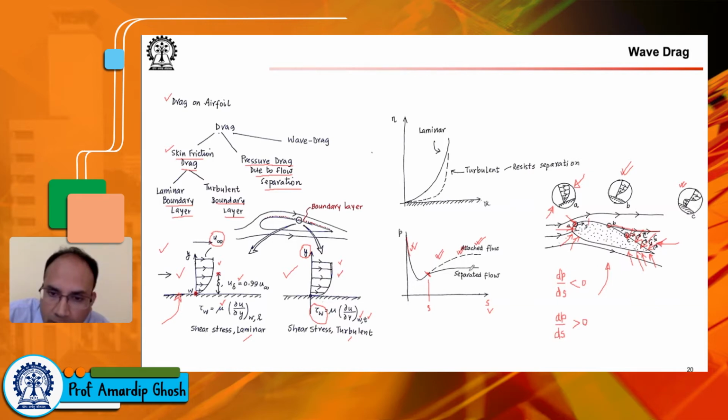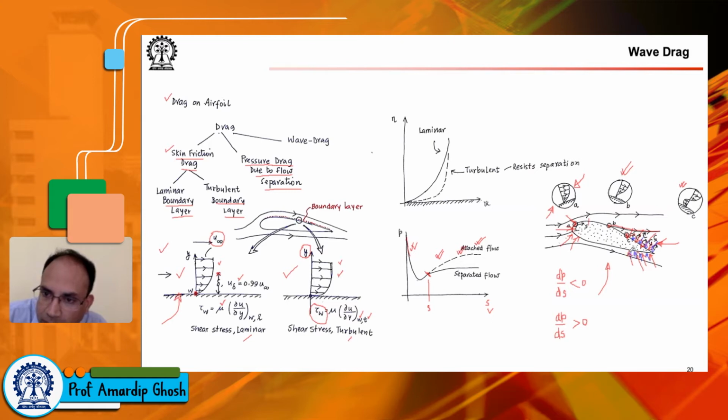It kind of saturates or stabilizes at this level, which is much less than the red arrows. So let me draw it with a different color, blue. For the separated flow, the pressure in this region is much less than the pressure shown by the red arrows.